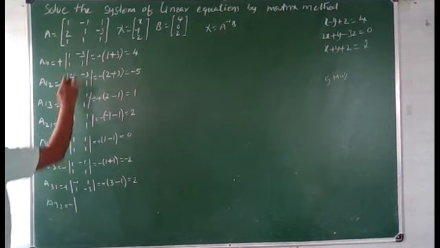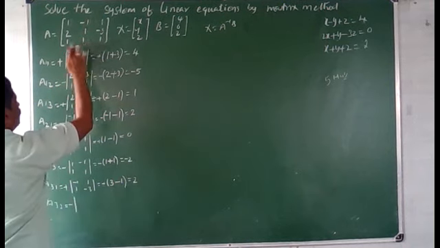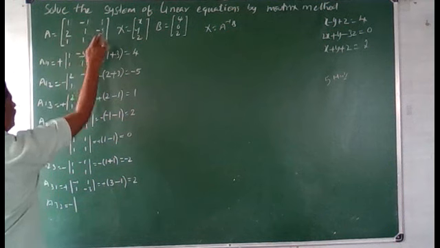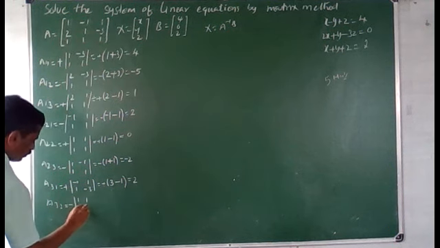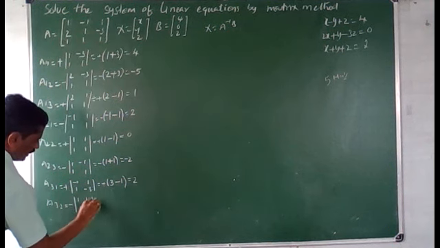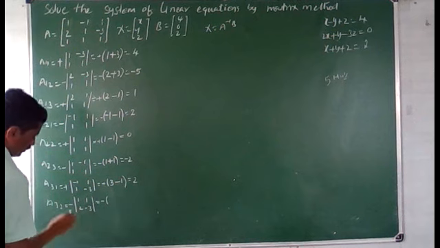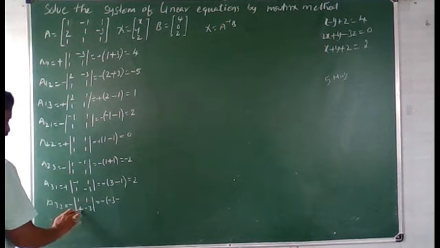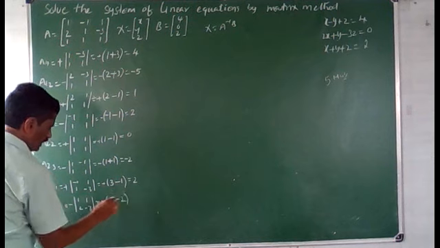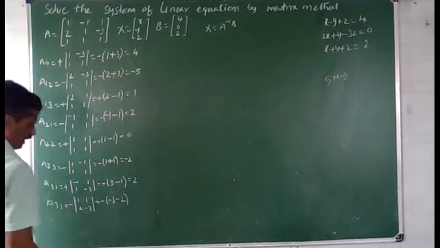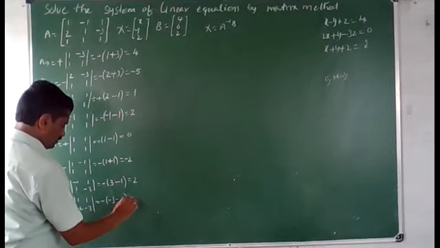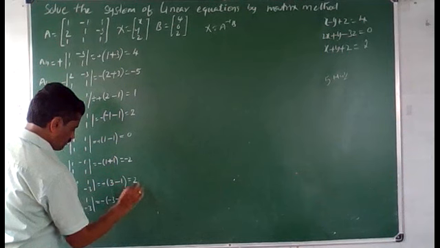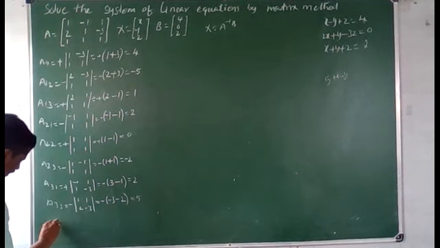Minus. So the cofactor of this, leaving this column and row, we have 1, 1, 2, minus 3. Again that is equal to minus of 1 into minus 3, minus 3, minus 2 into 1 is 2. Again minus 3, minus 2, minus 5, minus of minus, plus 5. The cofactor of this element a33 is equal to plus determinant of.